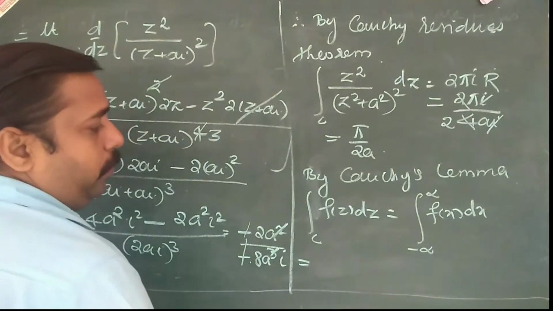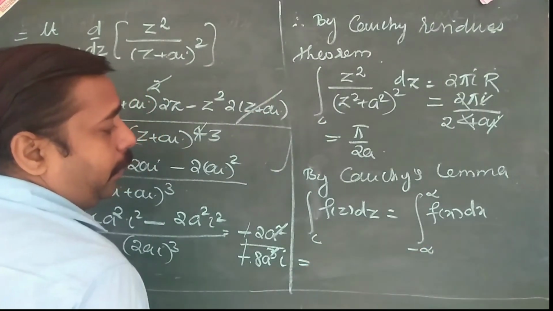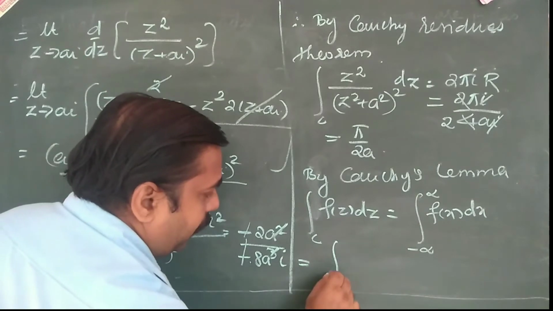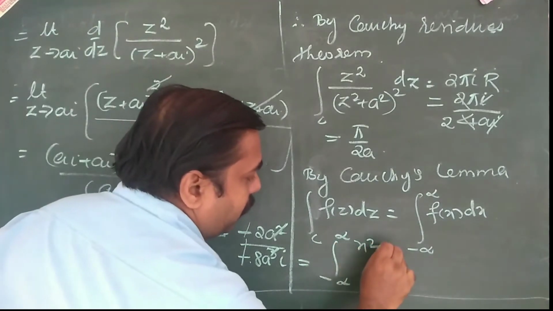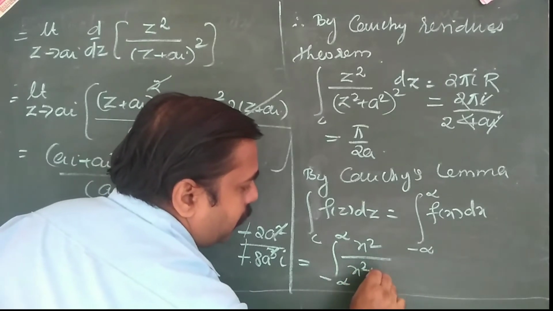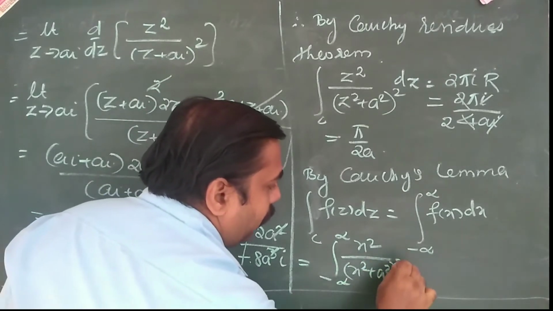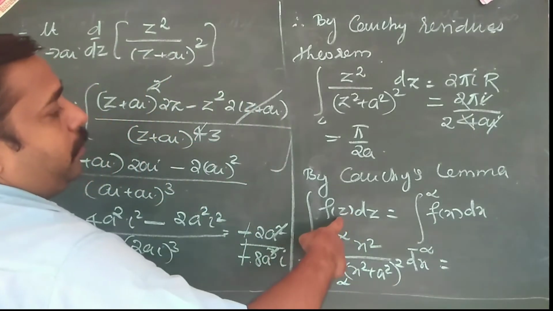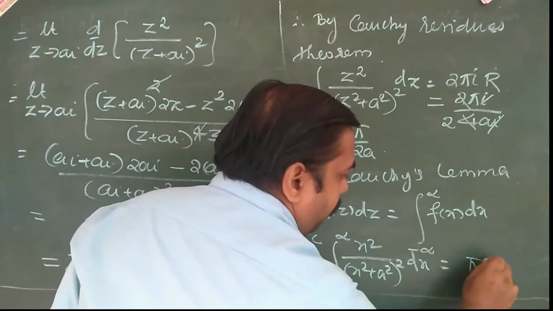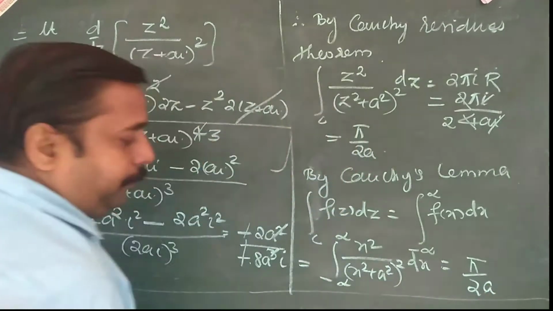So that is equal to integral from minus infinity to infinity of, our question, x square by x square plus a square the whole square dx. This value is equal to this one, that is pi by 2a.